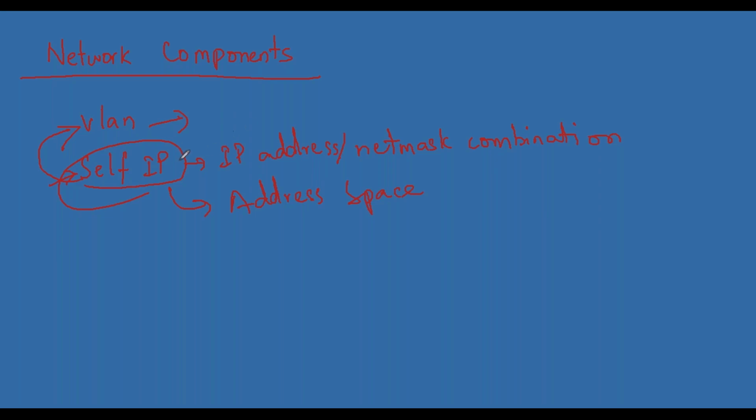These self IPs can be of two different types. One is static and the other one is floating. Let's assume you have two appliances deployed in an HA pair.